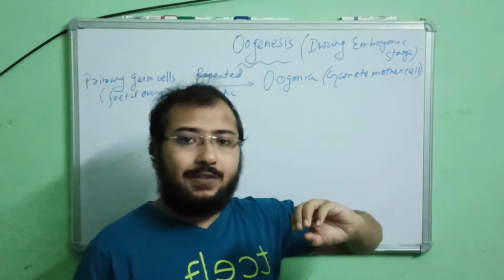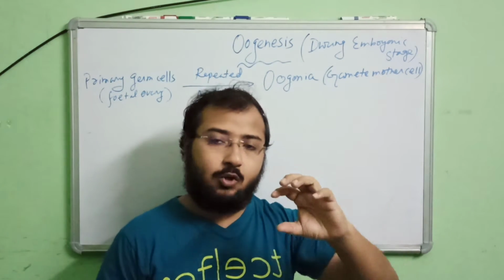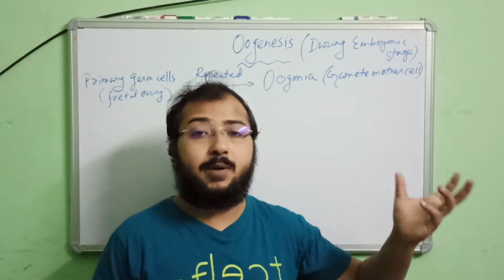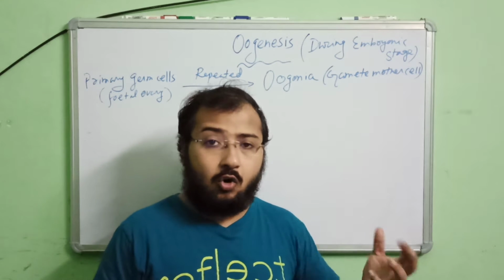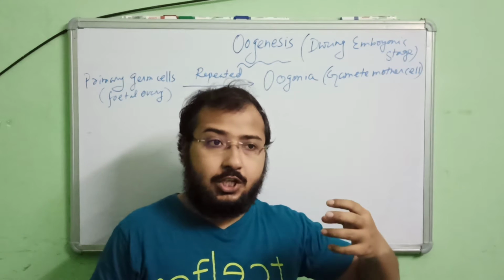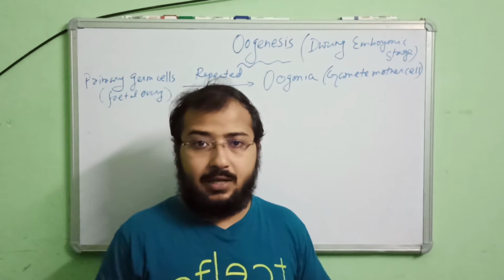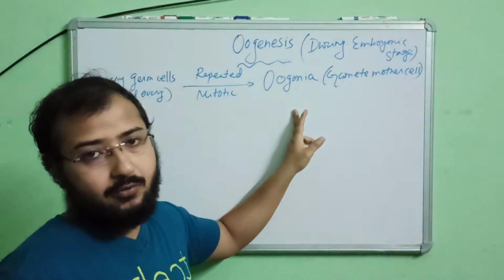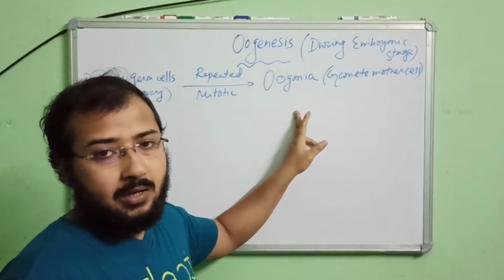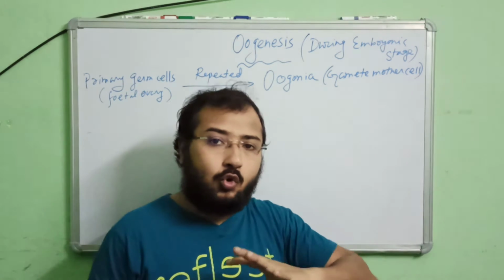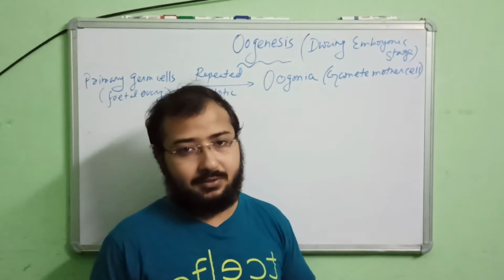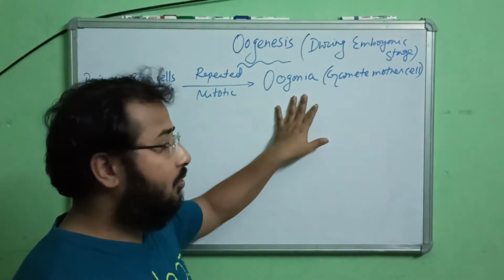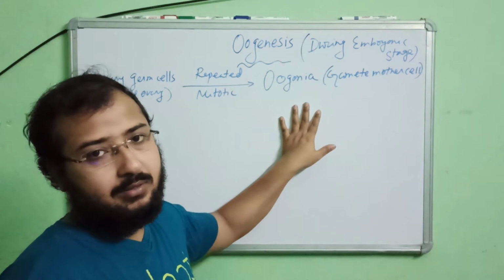By the time the oogonia are 25 weeks old, that is approximately 6 months, all the oogonia that she will ever produce in her life are already produced by the process of mitosis here only. So no more oogonia are going to be produced after birth. All the oogonia are already produced here by mitotic cell division.